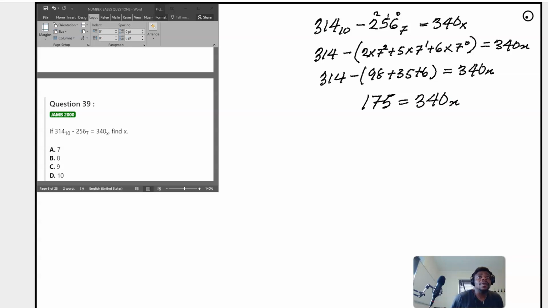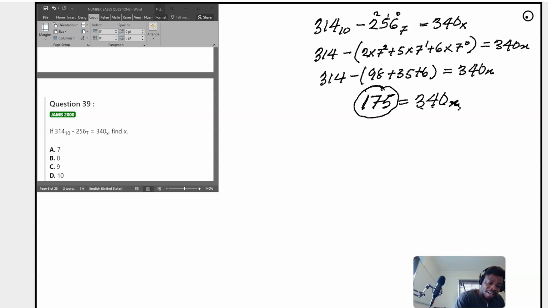Now, we are going to be using the options to see if x is equal to 7, for example, which is the first option here. If x is 7, you know this is already in base 10. So that means 340 in base 7. Let's convert it to base 10 to see if we are going to get 175. So this is 7 times 3, that is 21. 21 plus 4, that is 25. 25 times 7, that is 175. 175 plus 0, that is 175.